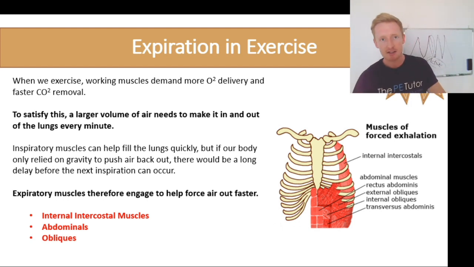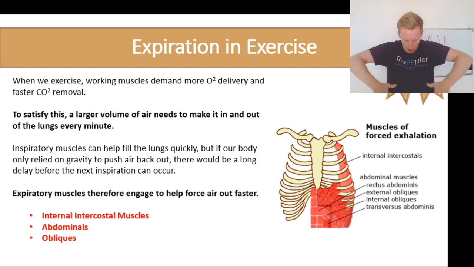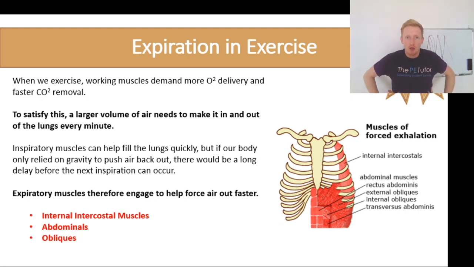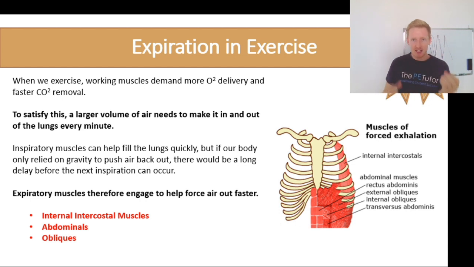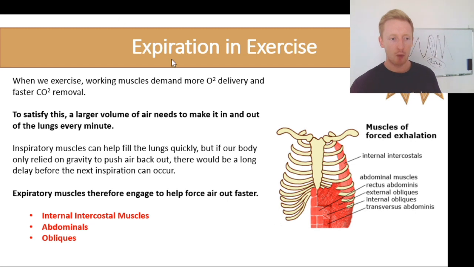And the obliques, towards the side of the abdominals, also attach to the base of the ribs towards the edge, and they can help pull that rib cage down. So we've got the internal intercostals pulling the rib cage in, and we've got the abdominals and the obliques pulling the rib cage down, faster than gravity alone.